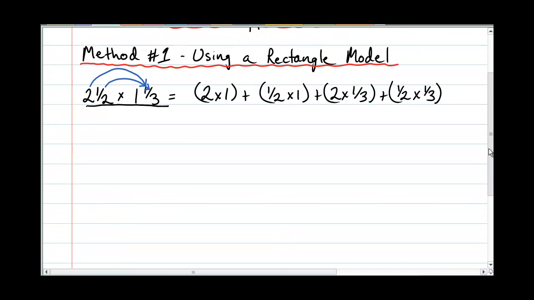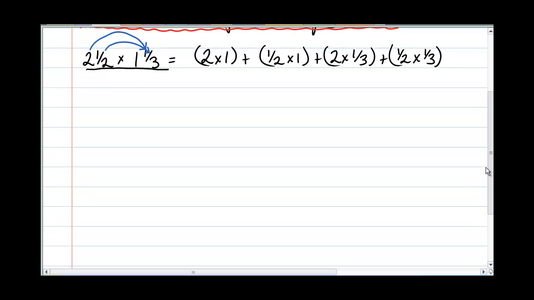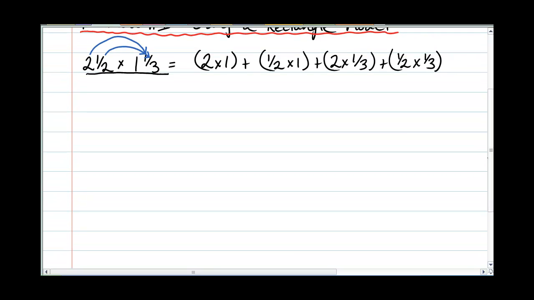Alright? Well, the next thing we can do is draw a rectangle that represents each of these areas. So my rectangle, let's say this is 1, and here's 2.